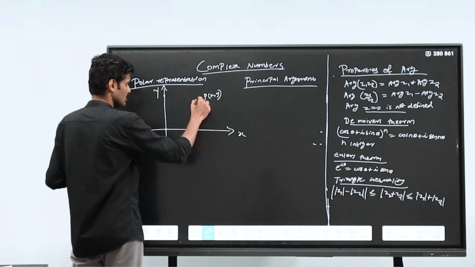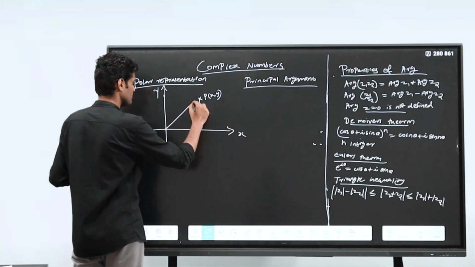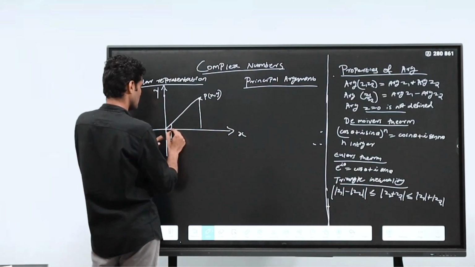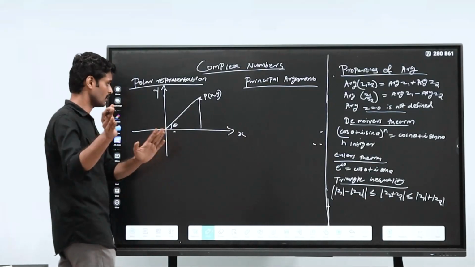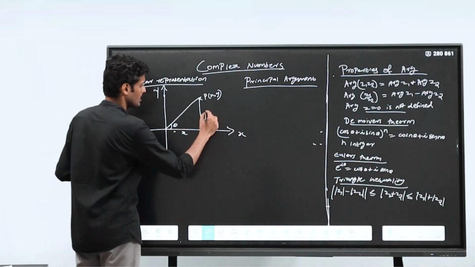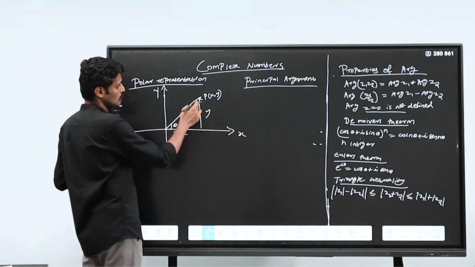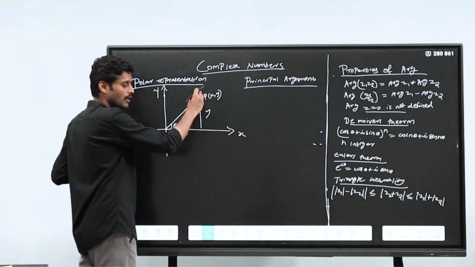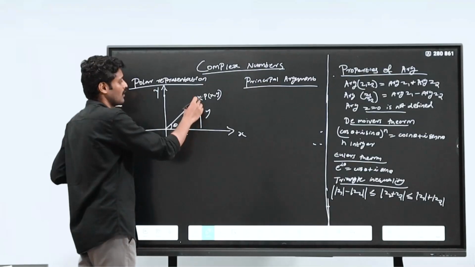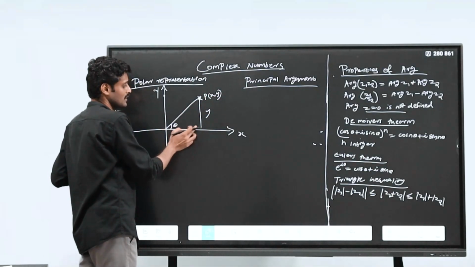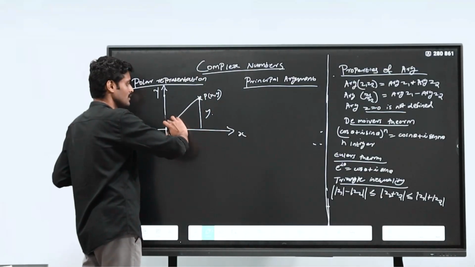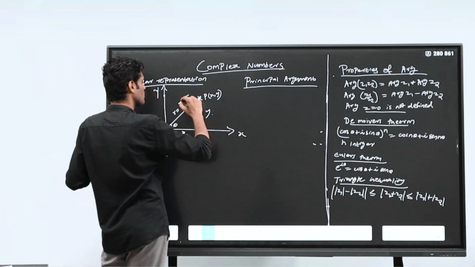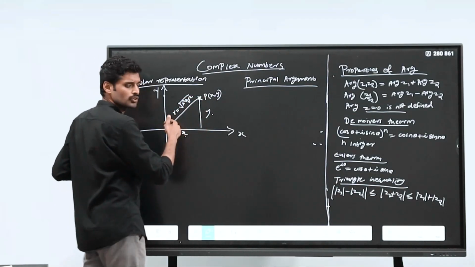So this is the point, starting from the origin, then there will be an angle theta generated. So this is x and this is y. This is the point P of x, y marked in this coordinate plane. Then this distance can be represented as r. r equal to root of x square plus y square. Of course, we know that.